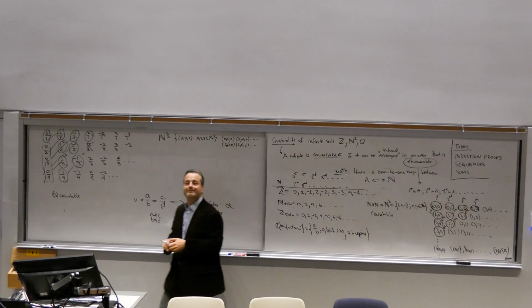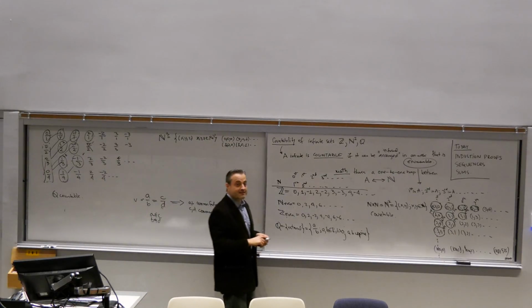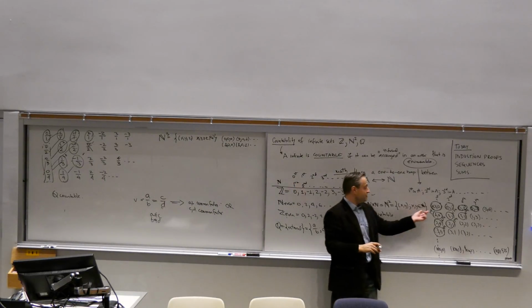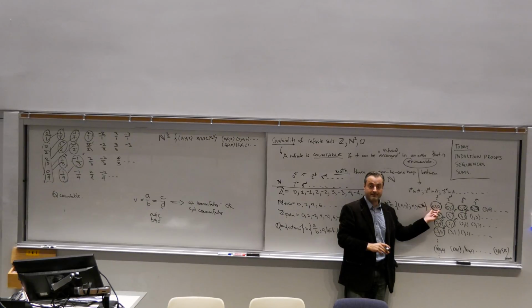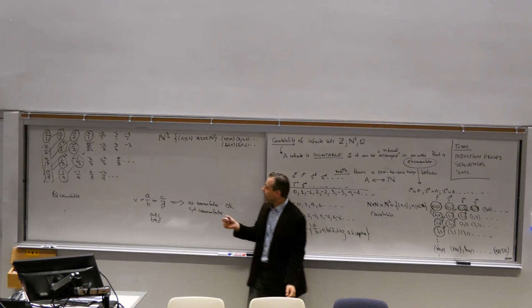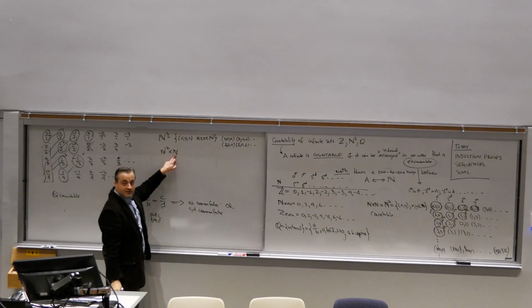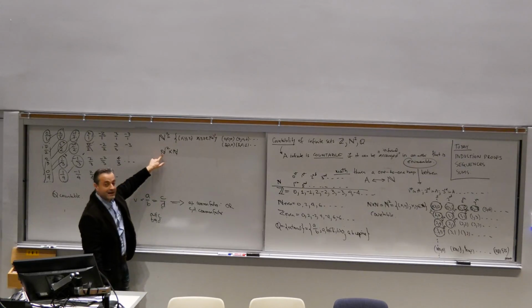So you can just use the order that you already have for mapping n squared. Very good. That's a much more elegant solution to say, if you counted n squared already, that's a countable set. And n is obviously countable, 0, 1, 2, 3. Think of this as n squared times n. This is countable, this is countable. Now this is a 2D table, because I've already counted these elements as first, second, third.